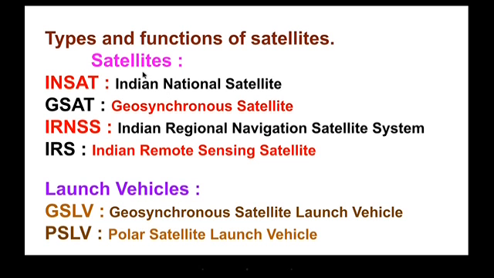The types and functions of satellites. The different satellites in India are INSAT, that is Indian National Satellite; GSAT, Geosynchronous Satellite; IRNSS, that is Indian Regional Navigation Satellite System; IRS, Indian Remote Sensing Satellite.